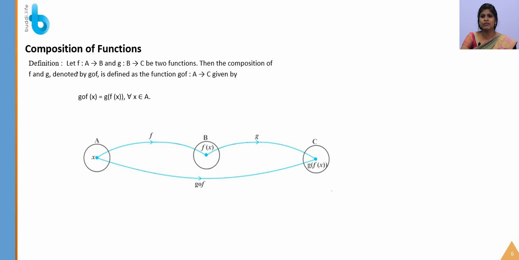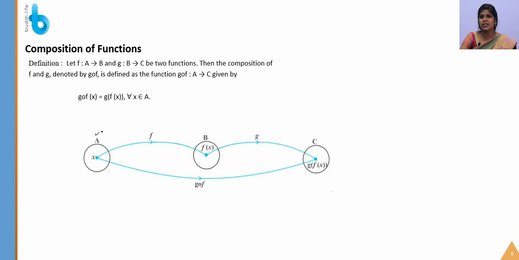Then the composition of functions f and g, denoted by g∘f, or you can read it as g composite f also, is defined as the function g∘f from A to C given by (g∘f)(x) = g(f(x)). Okay, we will just see it in the mapping format.